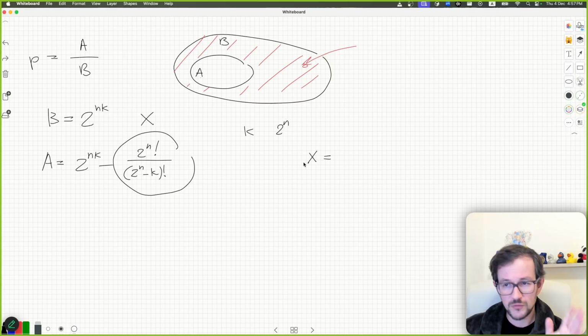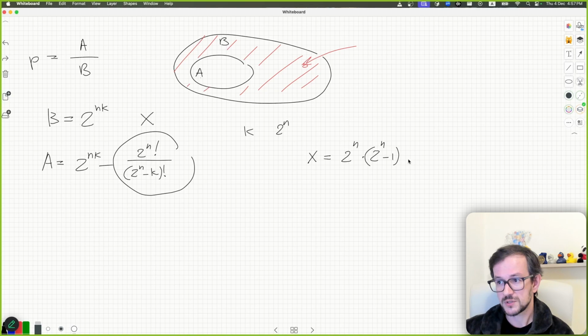How to count it? If you know nothing about combinatorics, I can count the number of ways I can assign birthdays to people, so that all the birthdays are different. The first person has 2 power n options for which birthday to have. The second person has 2 power n minus 1 options. Then the third one has 2 power n minus 2, and so on.